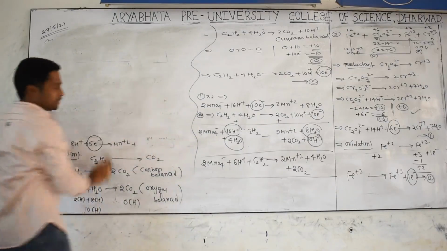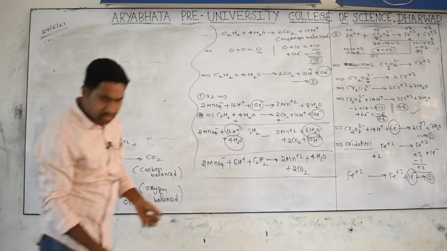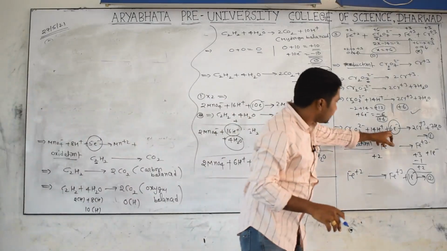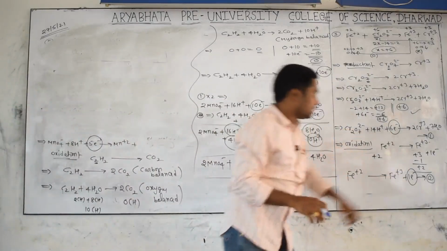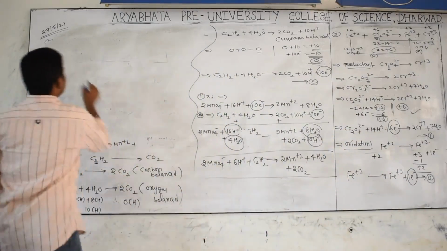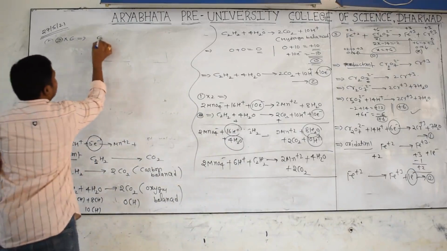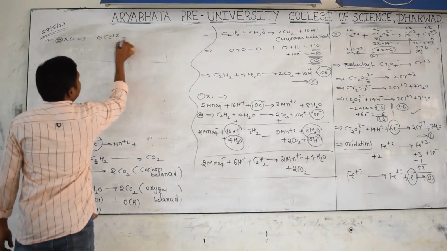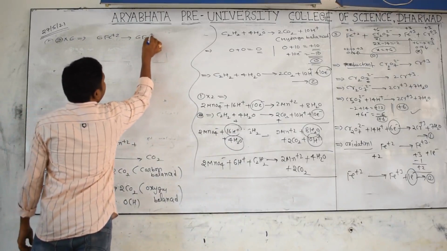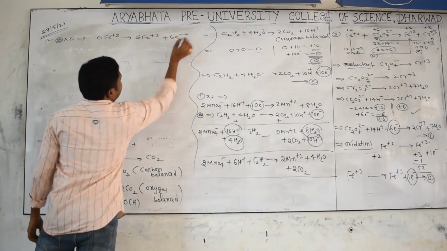We should do multiplication. Which equation is multiplied by which number? The first equation has 6 electrons, the second has 1 electron. Better to multiply the second equation by 6. Equation number 2 into 6: 6 Fe plus 2 gives rise to 6 Fe plus 3 plus 6 electrons.